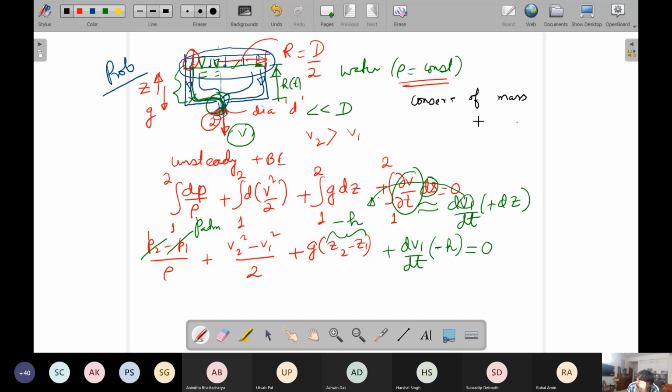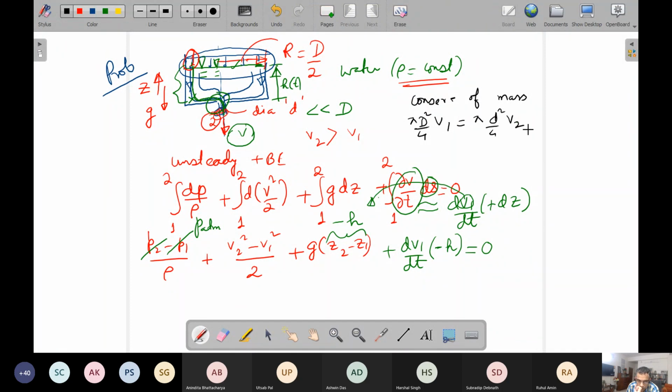We have discussed that in the class very elaborately. So pi D squared by 4 into V1 is equal to pi small d squared by 4 into V2.